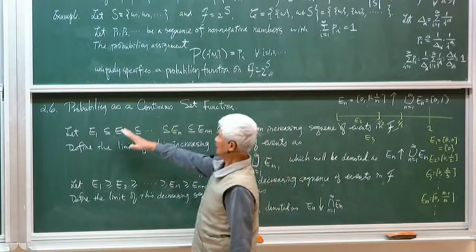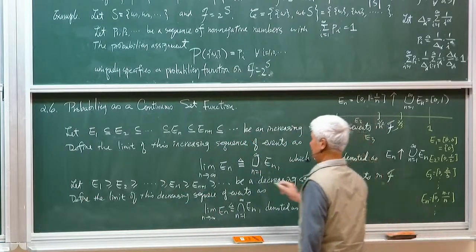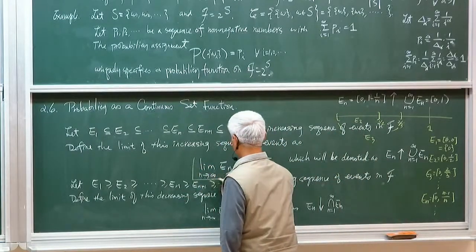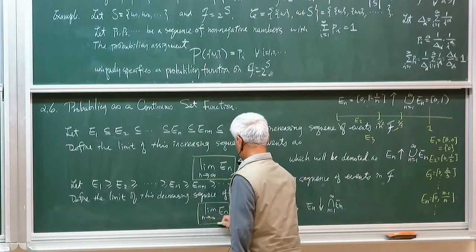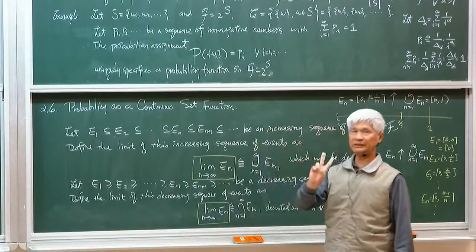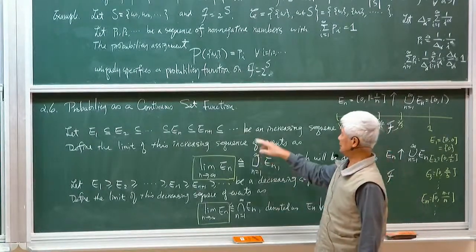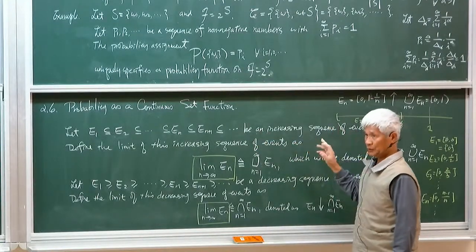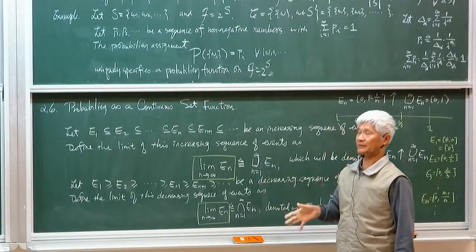So the concept of the limit of a sequence of events applies only to two situations. Always remember that. One is when we have an increasing sequence of events, or when we have a decreasing sequence of events.